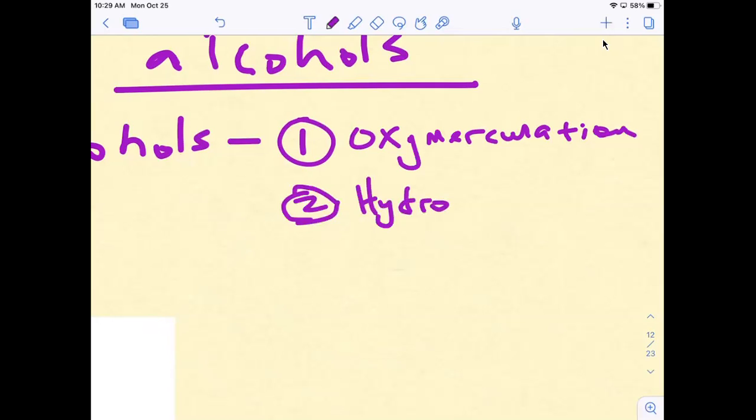And I know this sounds like a lot, but it'll all make sense when we look at the actual reagents. So hydroboration followed by oxidation.